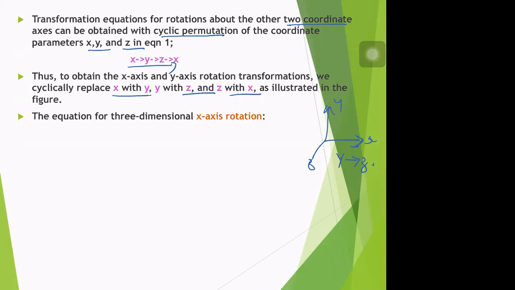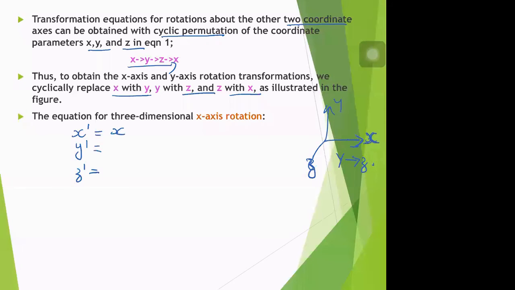Y-axis followed by z-axis. So now, how do you write the equation? I need x dash, y dash, and z dash. What is x dash? Now I'm rotating with respect to x here. So when I'm rotating with respect to x, x will be constant. That is x.